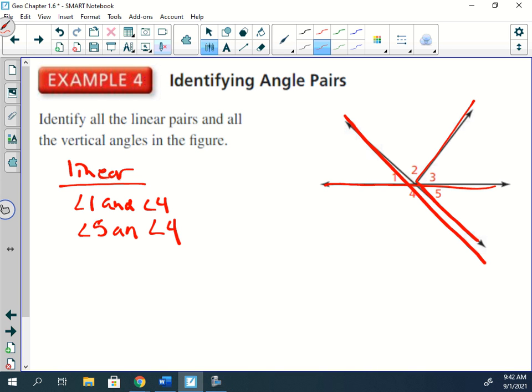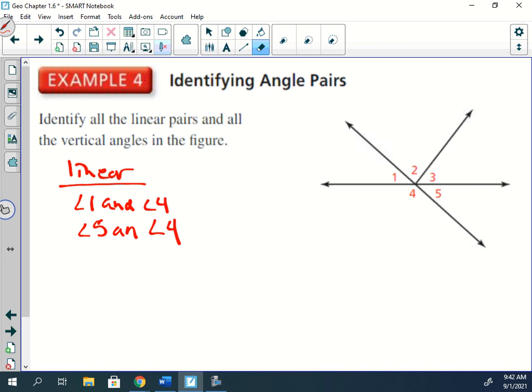So with a linear pair, the key part is straight. The definition says if they're a linear pair, their non-common sides, the ones that aren't shared, are opposite rays. So if we looked at 3 and 5, well, those don't make opposite rays. It needs to be a straight line.